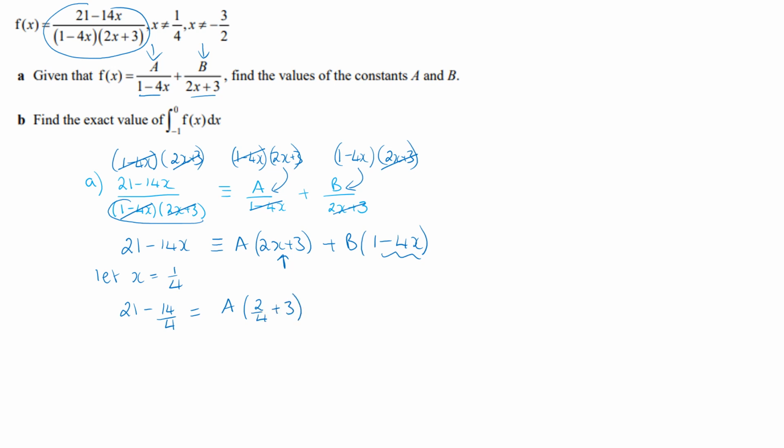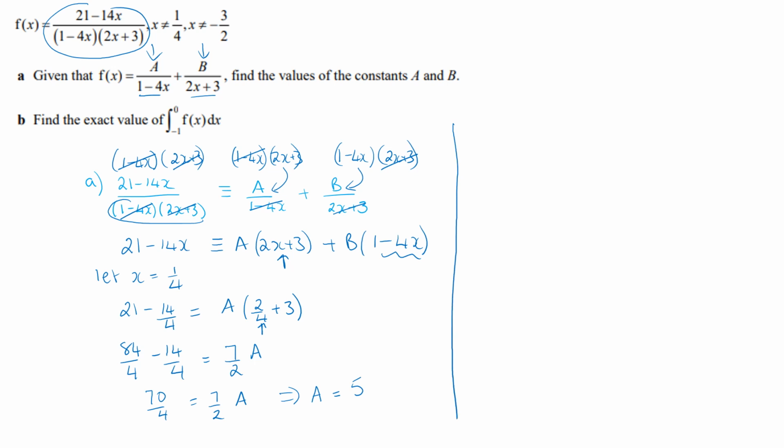So 21 as quarters is going to be 84 over 4, minus 14 quarters is equal to 2 quarters here is a half, and half plus 3, 3 and a half, so that's going to be 7 over 2 A. 84 quarters minus 14 quarters is 70 quarters is equal to 7 over 2 A, and then if we just cross multiply, you're going to get that A is equal to 5.